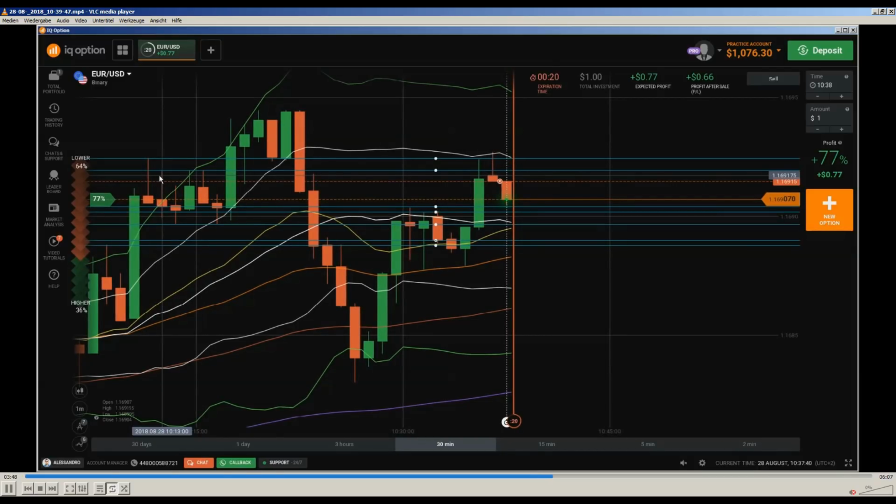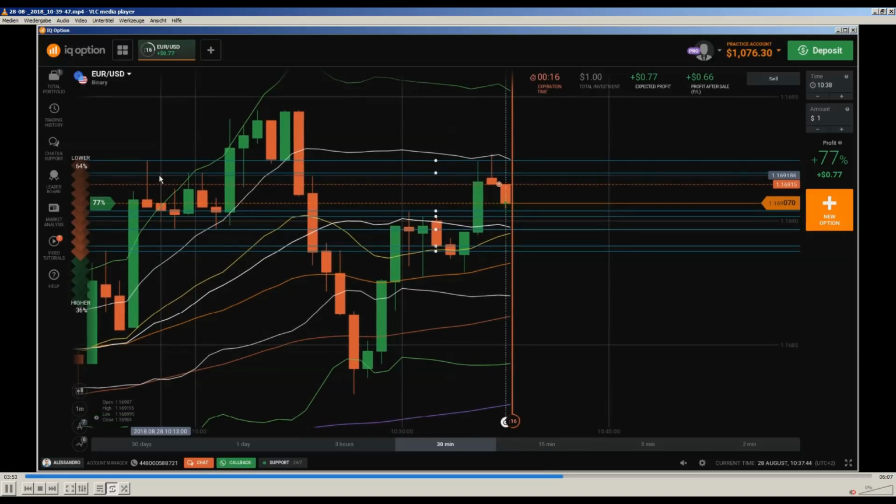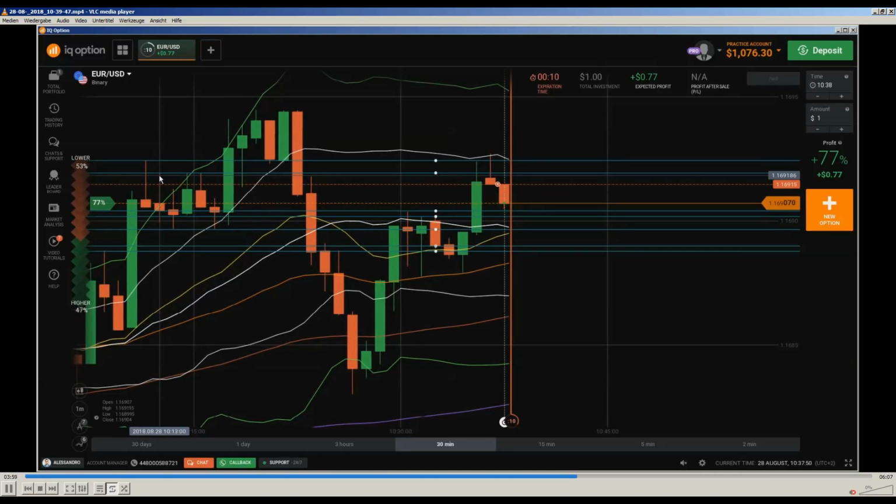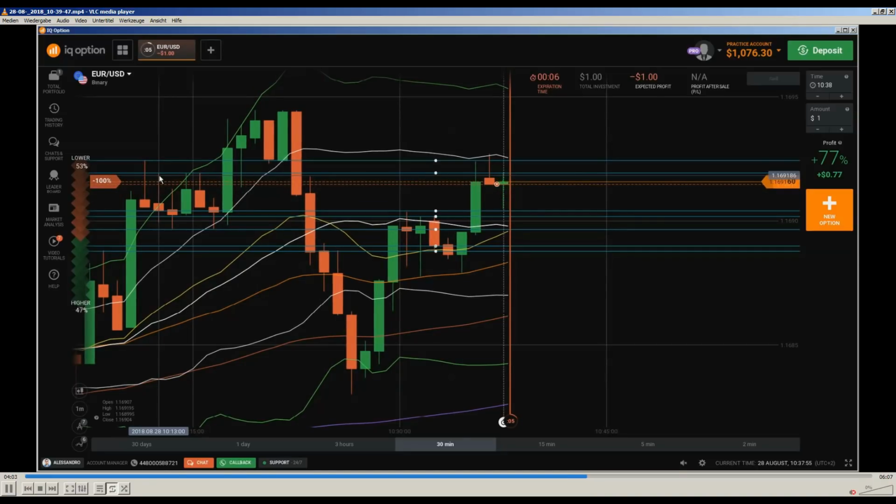That is what you should understand when you try to enter above or below the closing price. You try to enter above or below the closing price if the previous candle is weak and showing weakness.